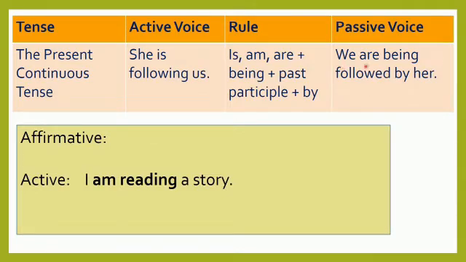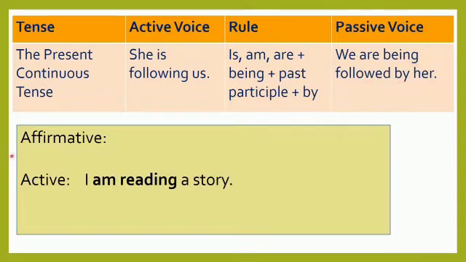We are being followed by her. So here I have written we because in active voice they have written us as an object. So we will convert our object into a subject here, like we have written we here. Then we will use are because the pronoun we is a plural pronoun. Then being followed, past participle, by plus her.